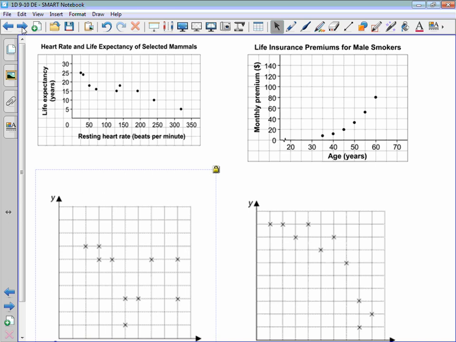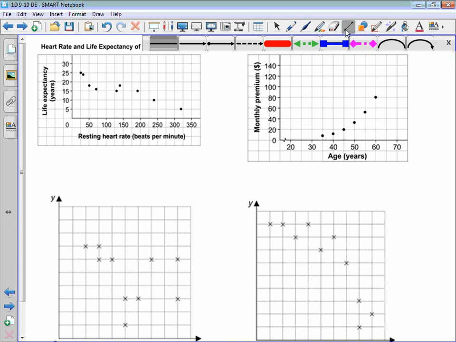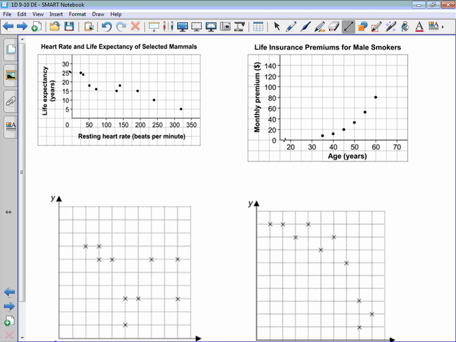Okay? And if I wanted to, I could take a ruler or a straight line tool or something like that, and I could draw a straight line that doesn't go through every single one of the points, but it seems to follow the trend that the points are following here. So because I could draw a straight line that seems to follow that trend, I would say that this is a linear relationship. Okay? Another way I could describe this is I could do what we were doing in the previous lessons.